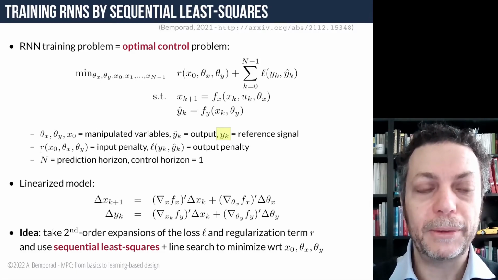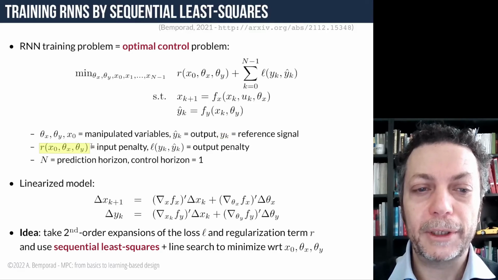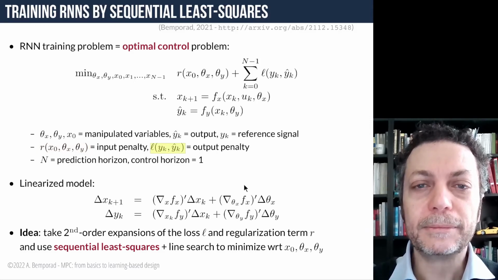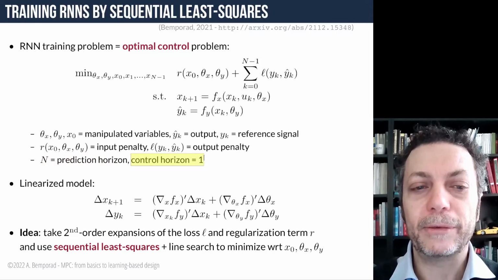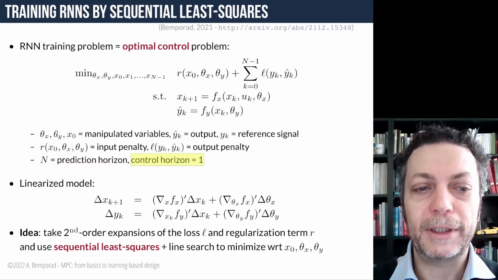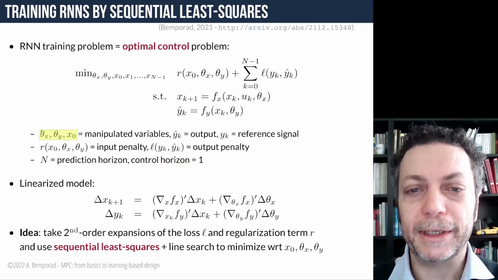And consistently, you can consider the regularization term as an input penalty, and the loss, for example, the square difference between yk and y hat k, as the output penalty. And you have a prediction horizon of n steps, the number of samples, and a control horizon equal to 1, meaning you only have 1 degree of freedom, theta x, theta y, and x0, that you use for the entire prediction.